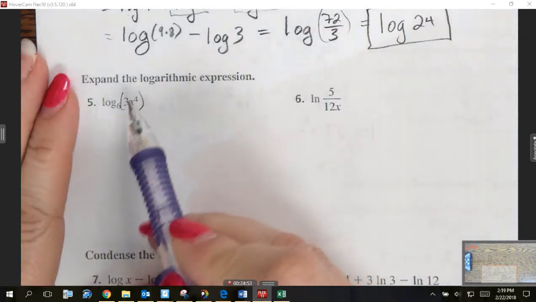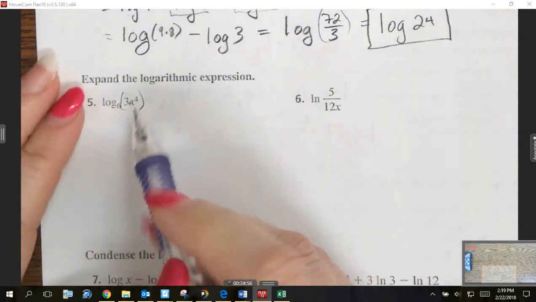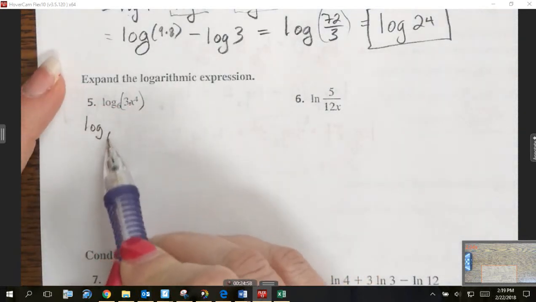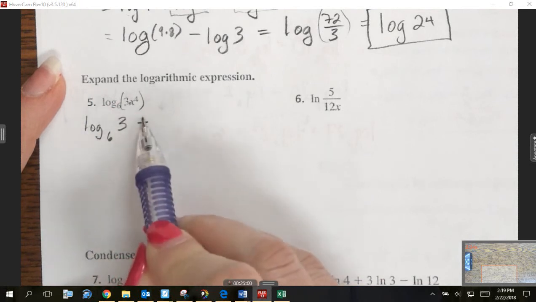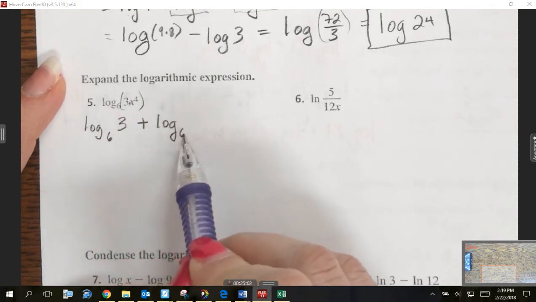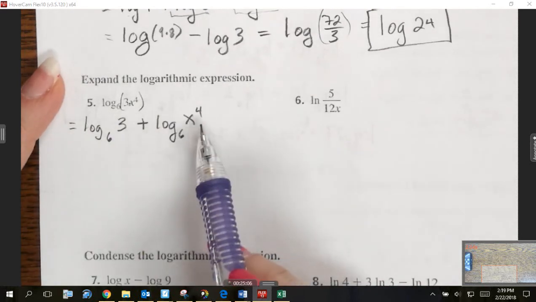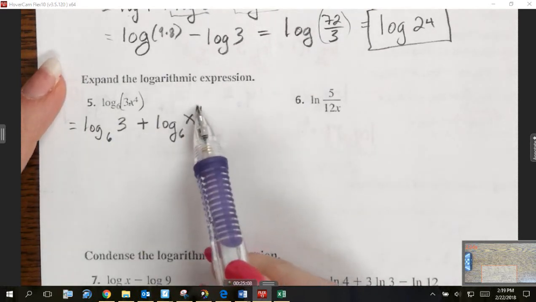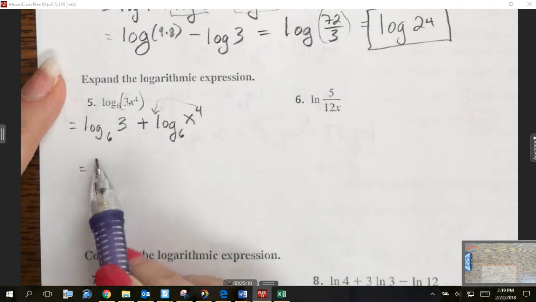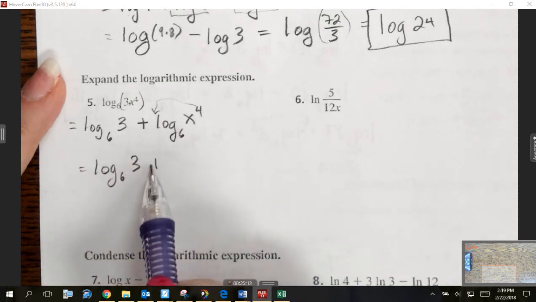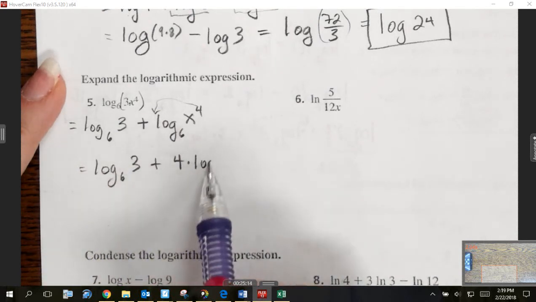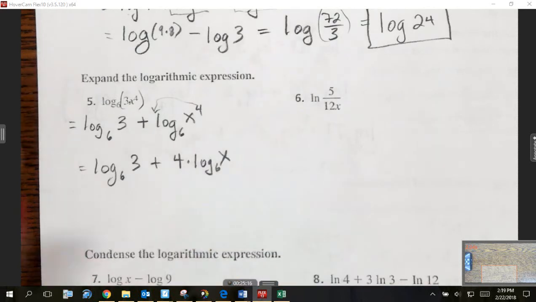Multiplication. So I'm going to expand out the 3 with the times x to the 4th. So I have log base 6 of 3, plus log base 6 of x to the 4th. Then from there, we take that 4, we move it to the front of that log, and you're done.